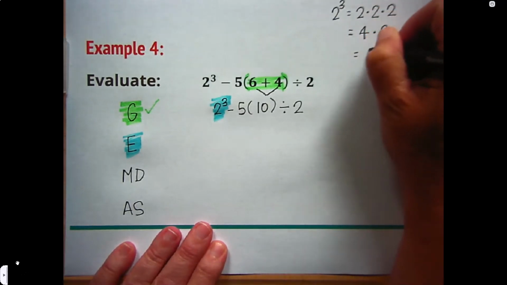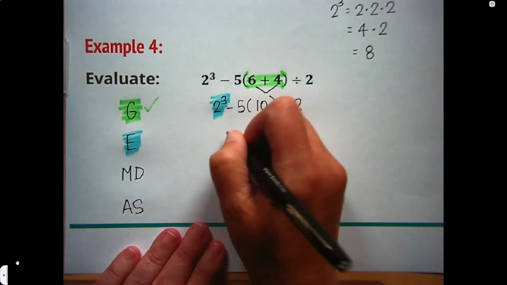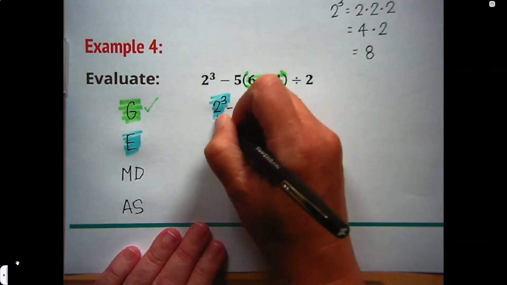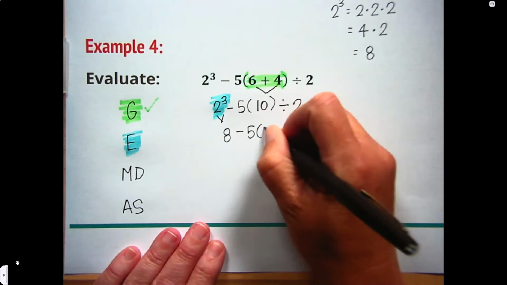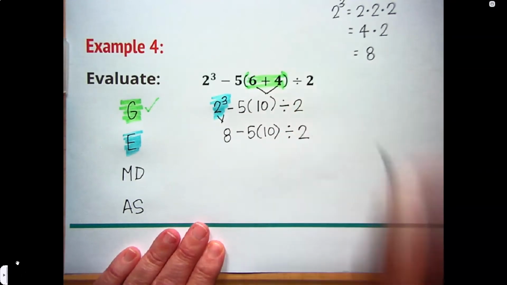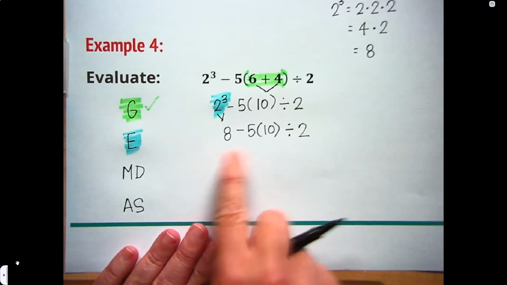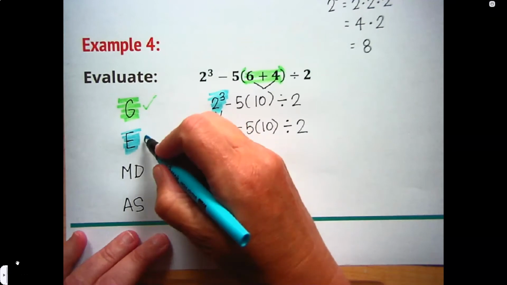And then 4 times 2 is 8. So 2 to the third power is 8. You can draw your little arrow if you want. Minus 5 times 10 divided by 2. All right, I look again to see if there are any more exponents, and I don't see any more, so that's done.